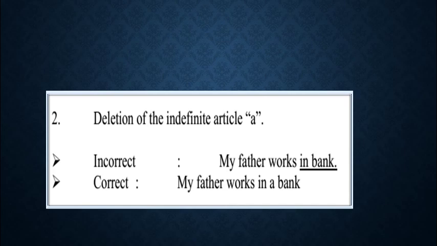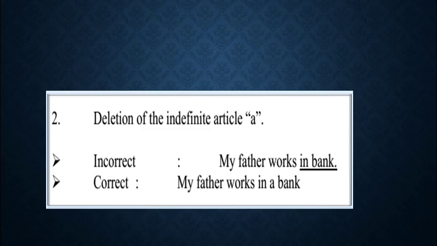As we mentioned before, in Arabic we don't have the concept of the indefinite article. We either have the definite article al or nothing at all, but we don't have an indefinite article. So that's the reason Arab learners constantly delete the indefinite article.